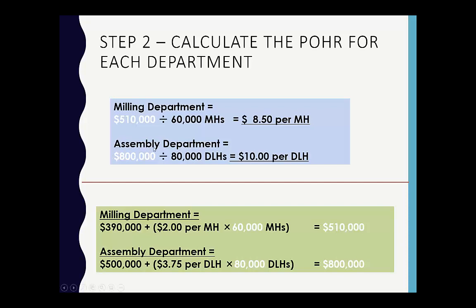Now, for my assembly department, a little bit different. Now I've got $800,000 divided by the direct labor hours, which are 80,000, and that gives me $10 per direct labor hour. So through the assembly department, every time I work 1 direct labor hour, $10 in manufacturing overhead gets added.